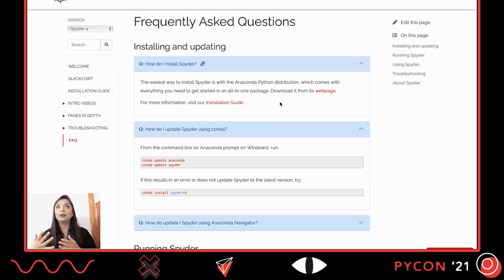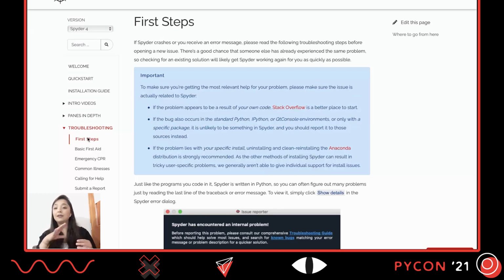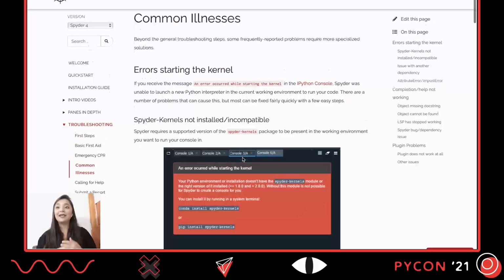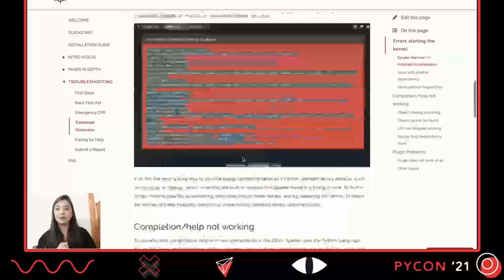The most relevant thing is that they're based on real problems. A second example is our troubleshooting guide, which has the most common steps that we can think of for solving bugs when working in Spyder.